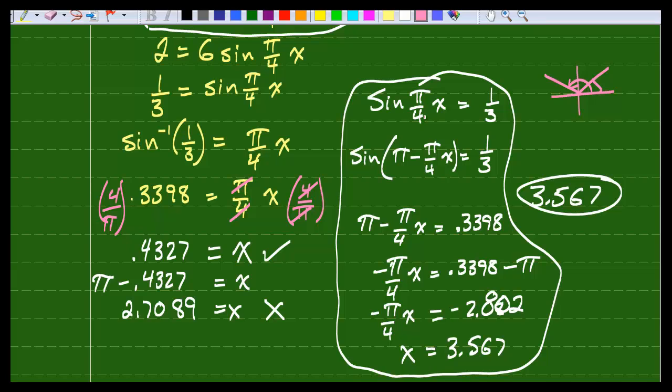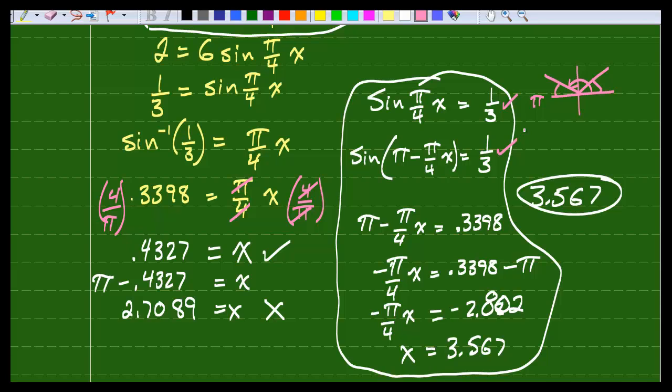So whether I find the sine of pi over 4x or the sine of pi minus pi over 4x, I'm going to get the same sine value. Because sine is positive in the first quadrant and the second quadrant, I can either use my reference angle, pi over 4x, or I can go pi minus my reference angle. And that's going to give me the same sine values. So that's what I did.